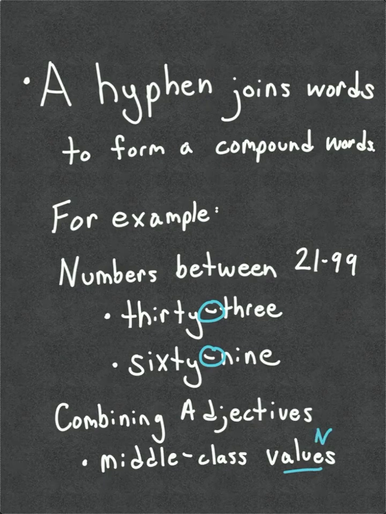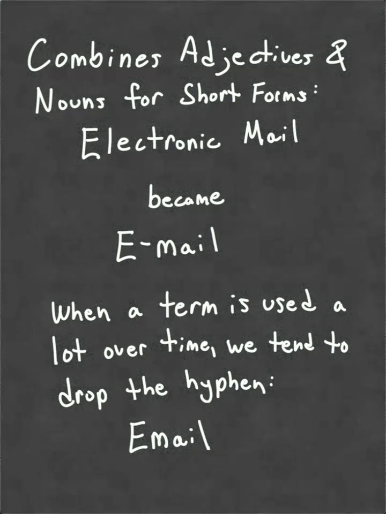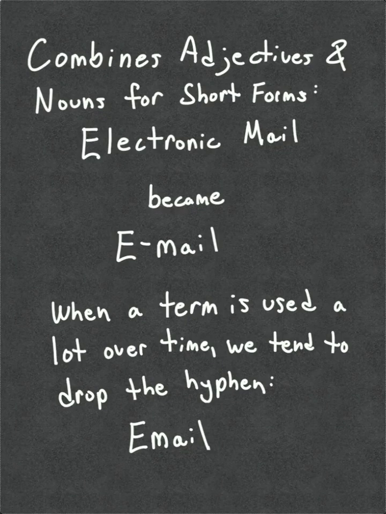We've got the noun at the end, and then middle-class in this case is the adjective. This is something that is seen over a longer period of time, but hyphens have an interesting way of combining adjectives and nouns together to form a new compound word, and then that compound word becomes further simplified over time. A great example from my lifetime is electronic mail.